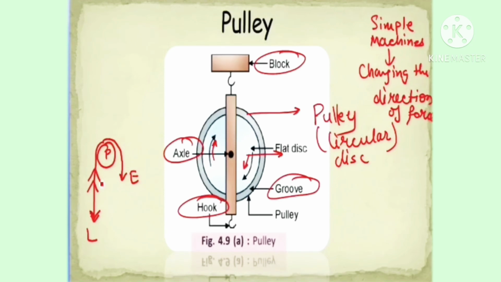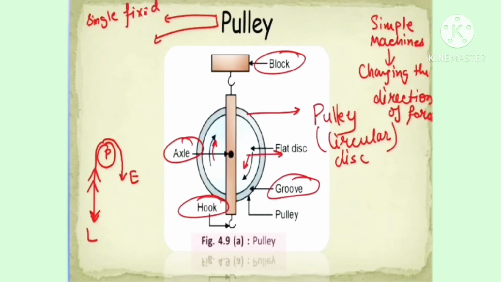Now we can use pulleys and various combinations of pulleys to do the task. If we need to lift a very heavy load, we can use, instead of one pulley, some more combinations of pulleys. So we are going to learn about two combinations.